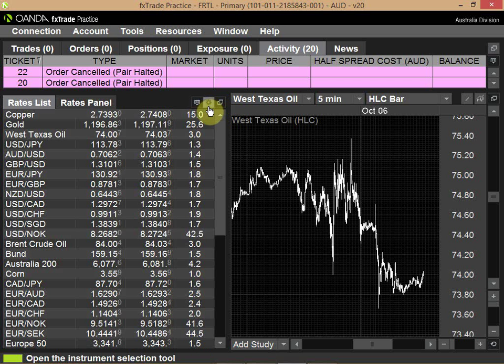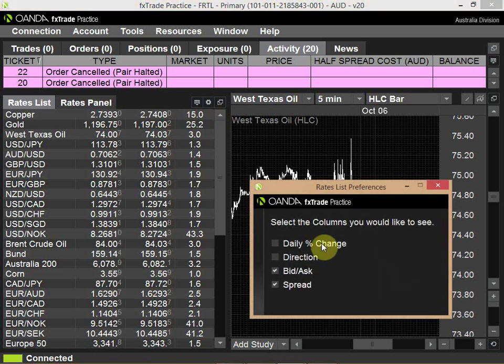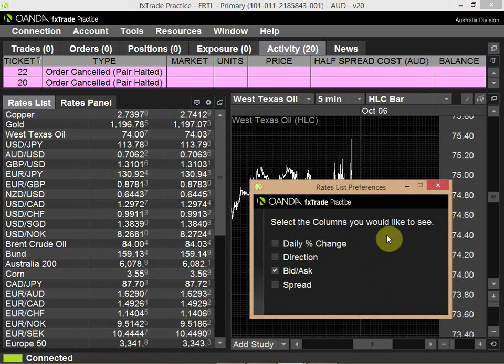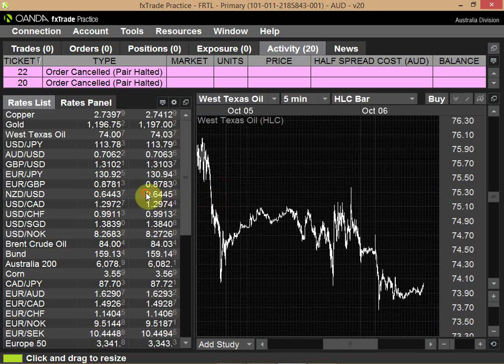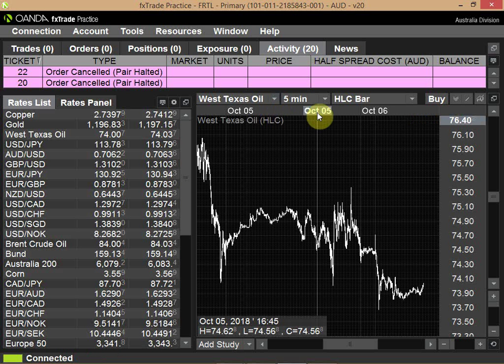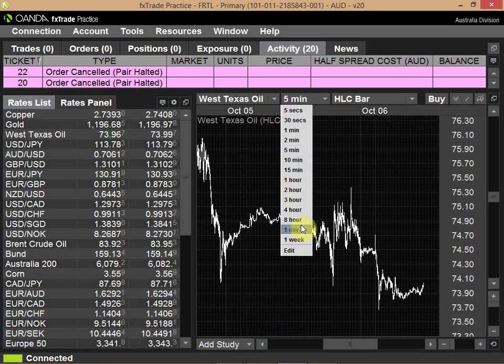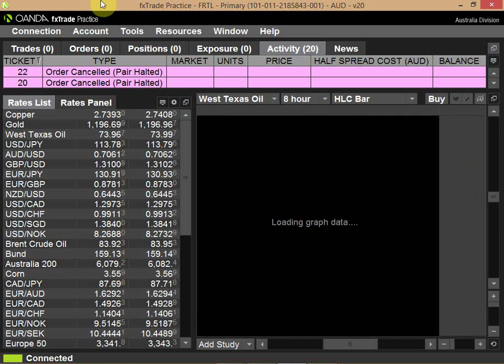I want to reduce it so that I can have a slightly bigger display. I want the chart to occupy a little bit more. So if I look at this, let me take an 8-hour chart view.